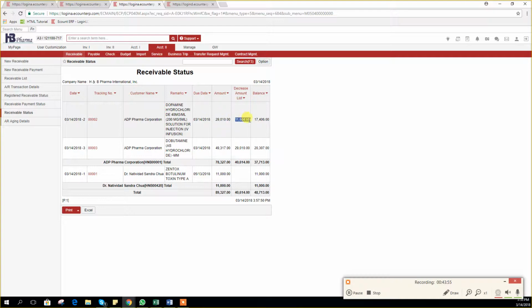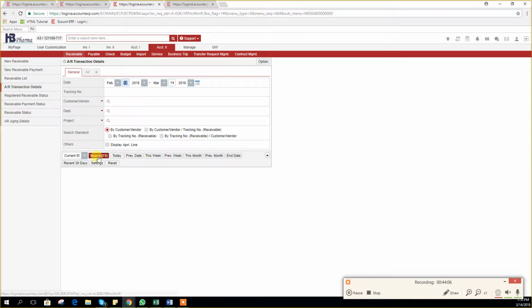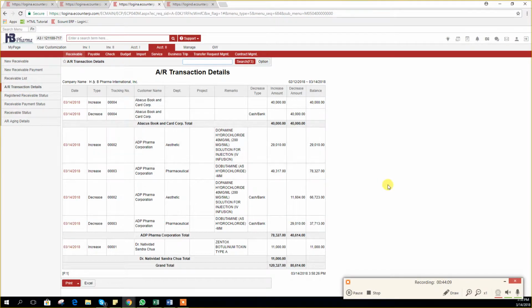They paid this much, and the balance is this. If they were to pay anything, all the transactions are going to come into here. AR transaction details. So now, if it's increase, it means you created an invoice for them. If it's decrease, it means you received money.